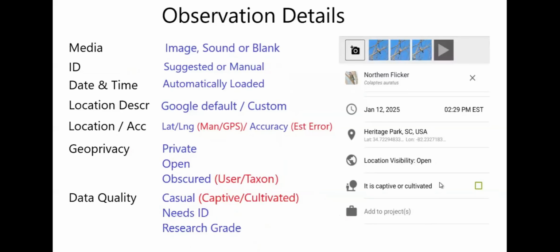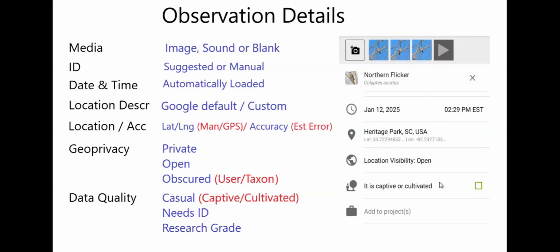This is the standard information that every observation will have. You're going to have your media, and you're going to have the ID. iNaturalist suggests an ID, and it's getting better all the time. It's actually very good. Then the date and the time, and the location description, which a lot of times I will change because they come up with a location description that is sometimes gibberish.